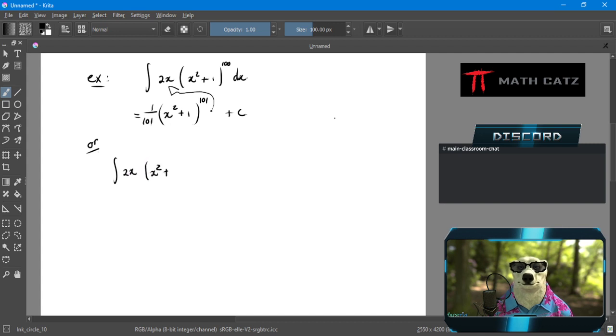What can I do? Well, that's where the method of substitution comes in to help guide me through the process by saying, let's rewrite this integral by using a different variable. We'll call it u. Most books do that, but you can call it whatever you want.